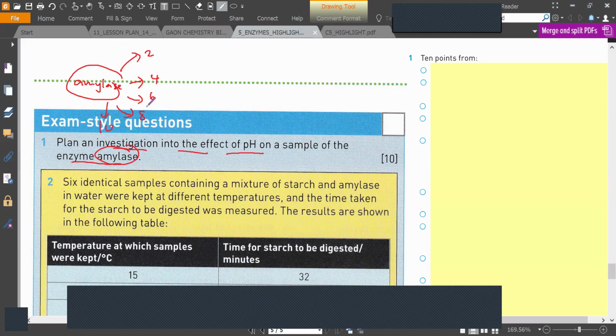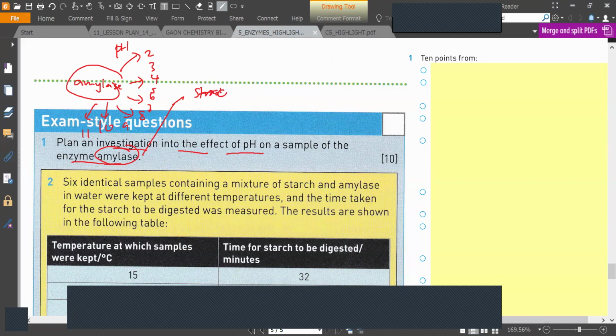So we're going to design a test to find out which pH is suitable for amylase. First, we know enzyme amylase breaks down starch. So this will be our test.